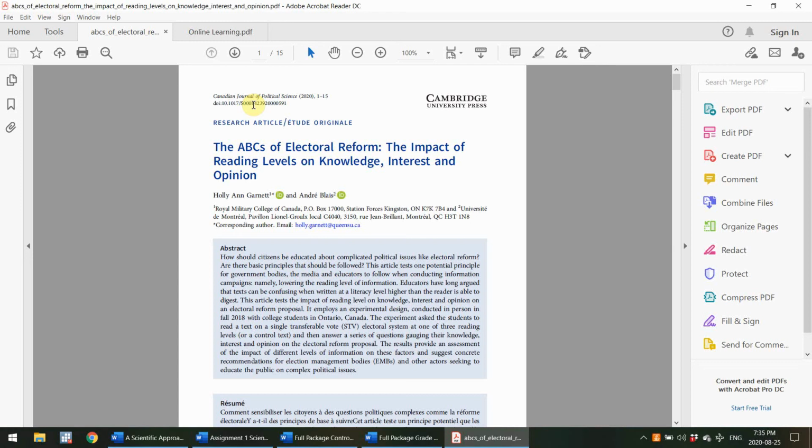And what they did is they sent it out to 2 or 3 reviewers who had no idea who wrote the article. And we had no idea who those reviewers were. We call this double blind, because neither set of people knows who the other set is.